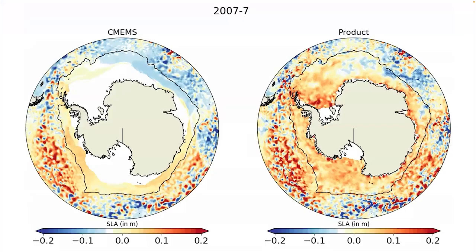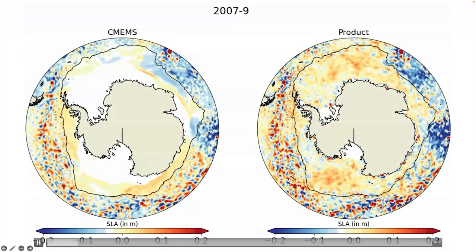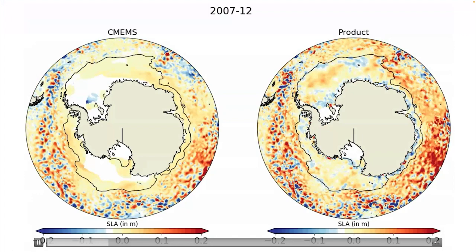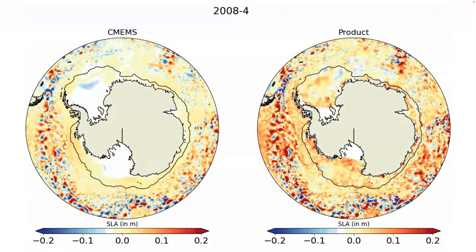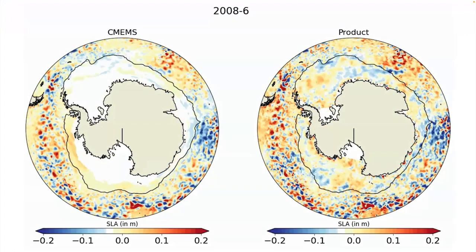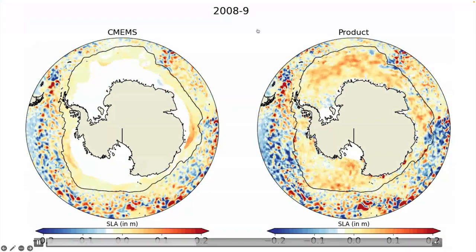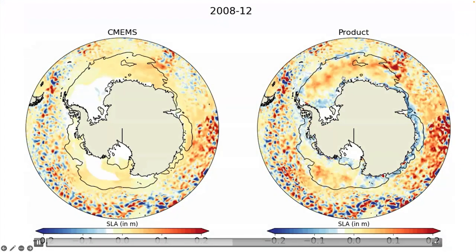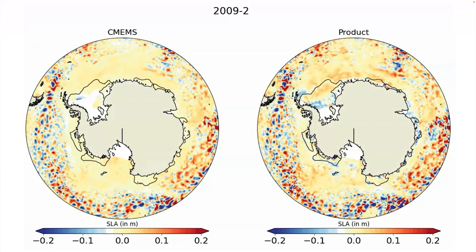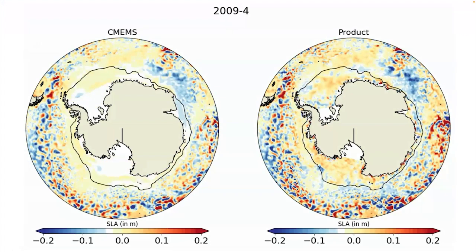I'll show you here the product that we have now. On the left, it's a classic altimetry product limited by sea ice, and on the right, it's the product that we developed. As you can see, we gain much more information when we have a sea ice cover.